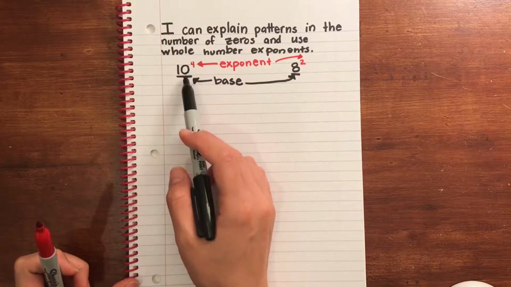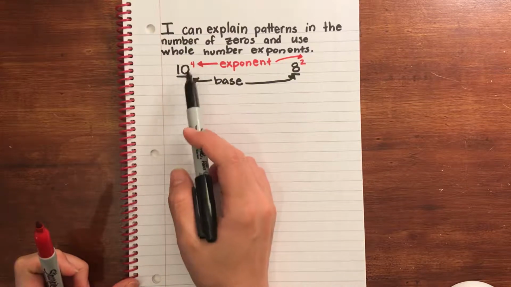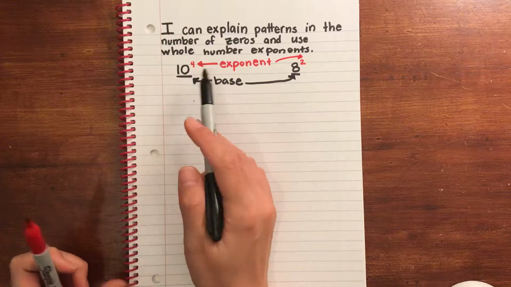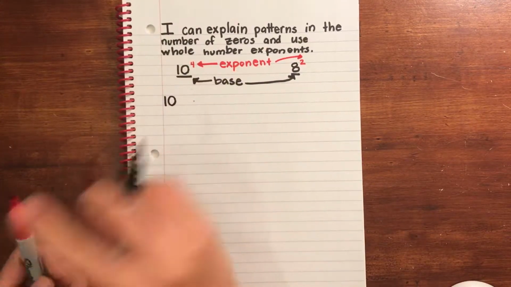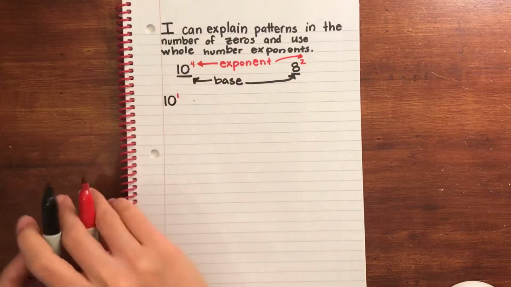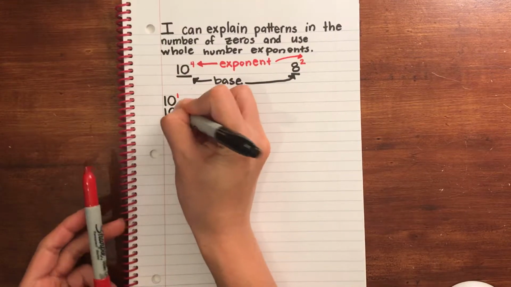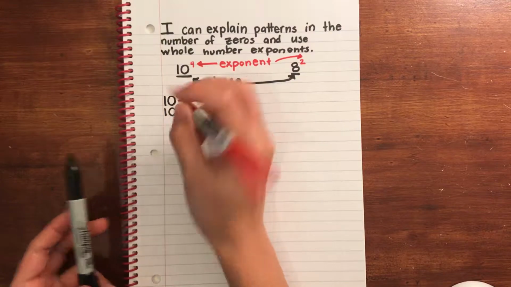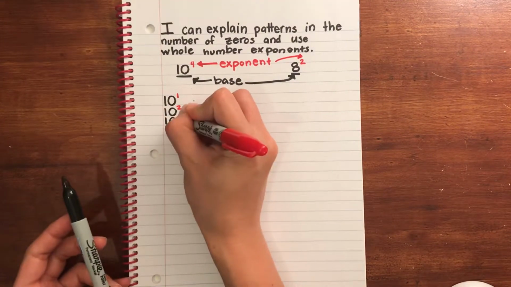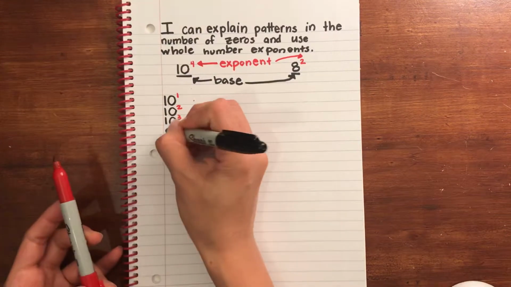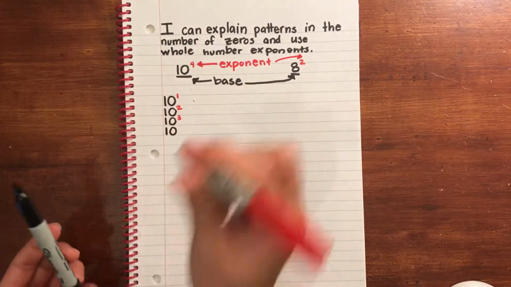The exponent tells the base how many times it's going to be multiplied by itself. Let's use the 10 as an example since we're doing powers of 10. Let's do 10 to the first power, 10 to the second power, 10 to the third power, and we'll end up with 10 to the fourth power.